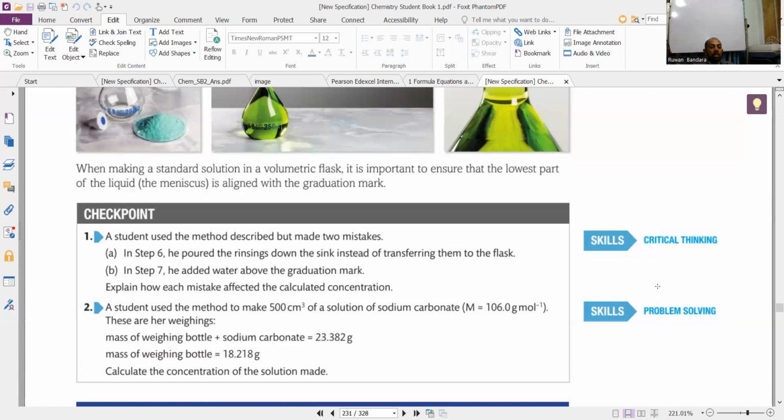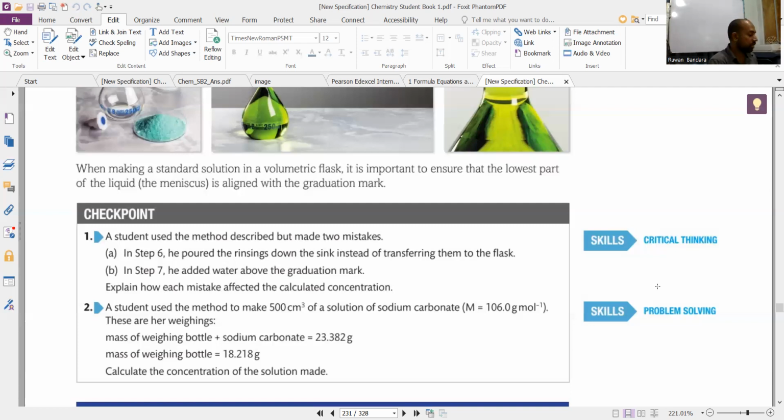Okay, in step 6, he poured the rinsings down the sink instead of the flask.